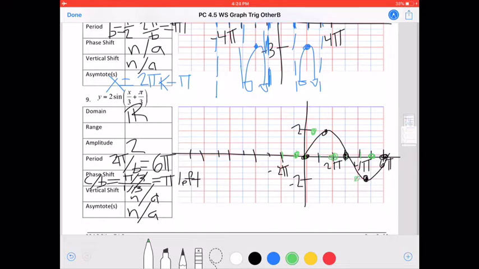We need 2 full cycles. So here's 1, and then we can repeat that to the left. I count 1, 2, 3, 4, 5, 6 to the left. Alright, and I know I'll be back in the middle halfway through.